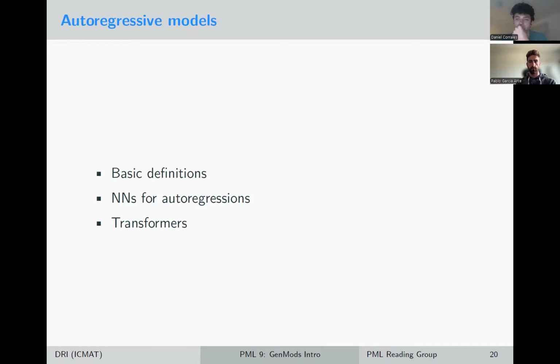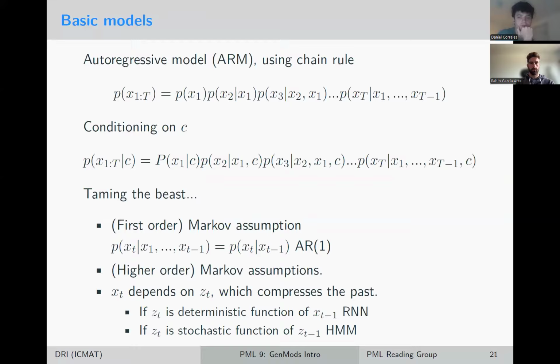This will allow us to make some emphasis on some of the things that Daniel mentioned when he talked about Bayesian neural networks, and then talk a little bit about transformers, right? So that would be the plan for the last minutes.